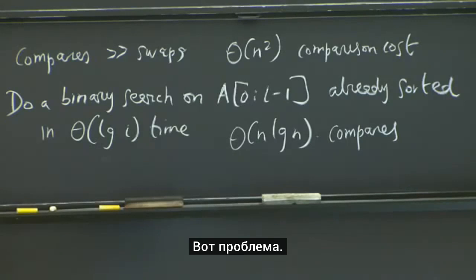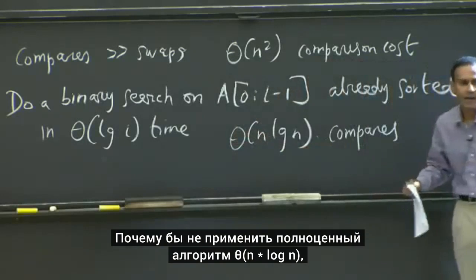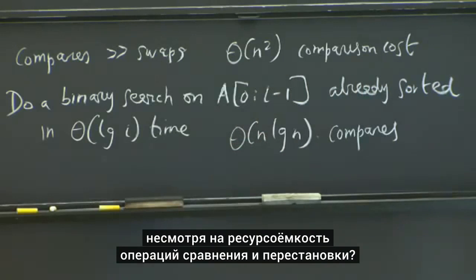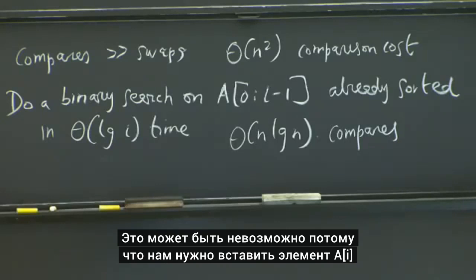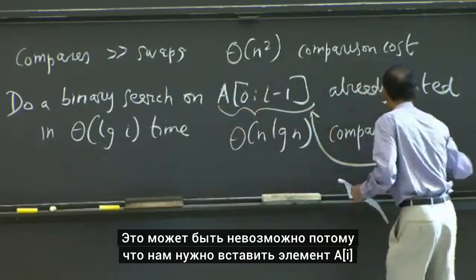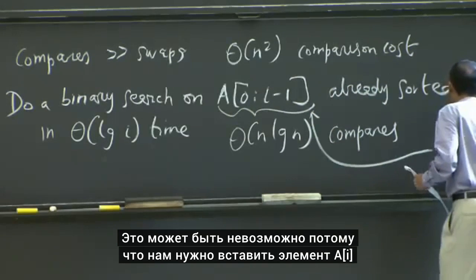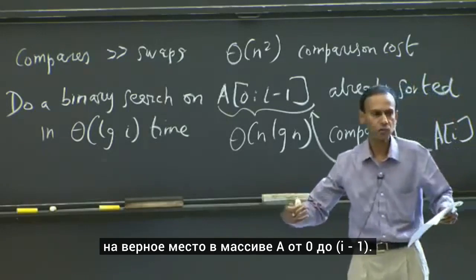So here's the problem. Why don't we have a full-fledged theta n log n algorithm regardless of the cost of compares or swaps? We don't quite have that because we need to insert our a of I into the right position into a of 0 through I minus 1.